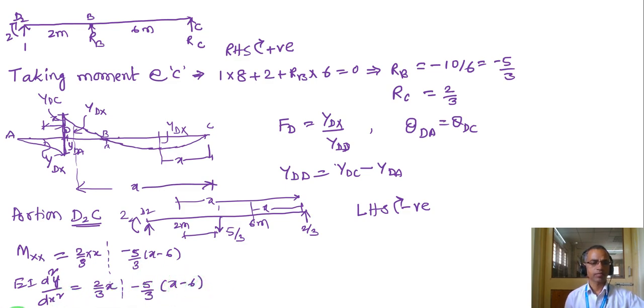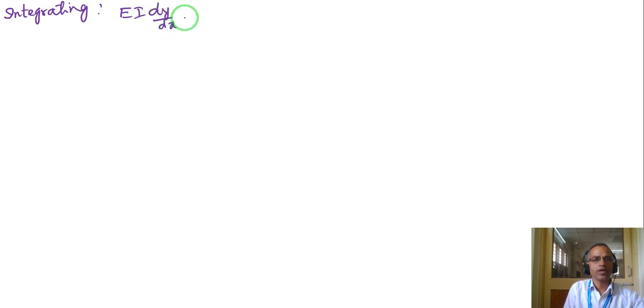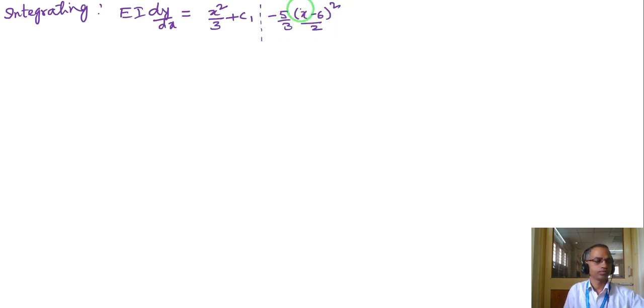So integrating one time, what do I get? EI dy by dx is equal to x square by 3 plus c1, the second part is minus 5 by 3 times (x minus 6) square by 2.